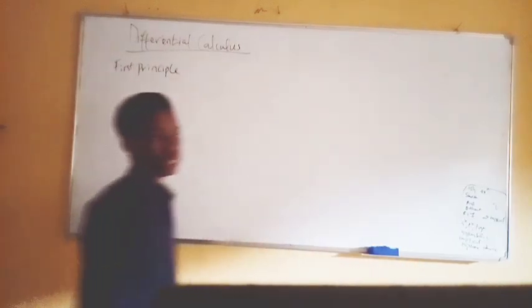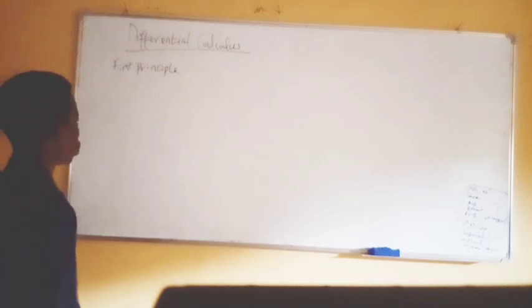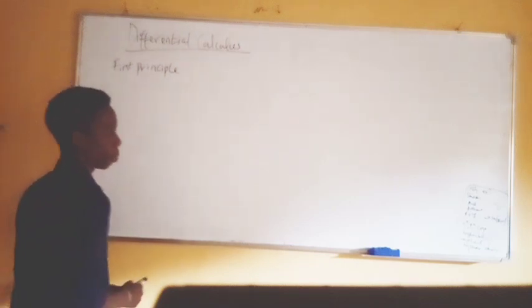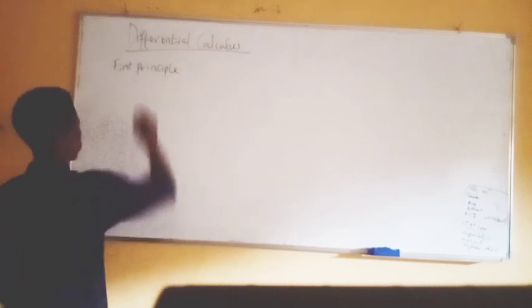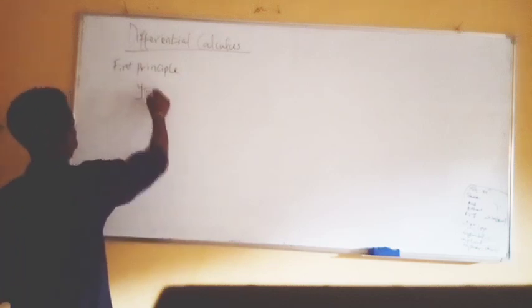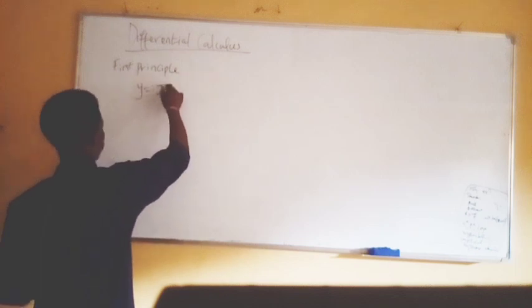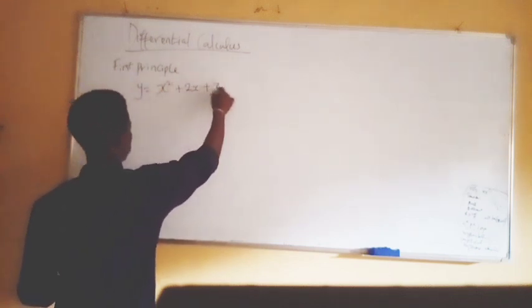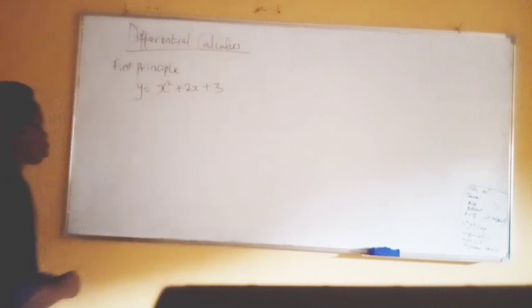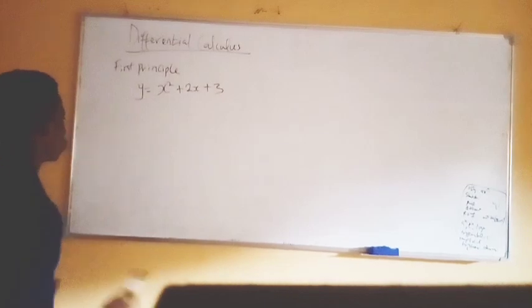The next thing we're going to enter is differentiation of polynomials. Of course, you know what polynomials are. So, take for example, y is equal to x squared plus 2x plus 3. How do we differentiate this? This is quite simple.